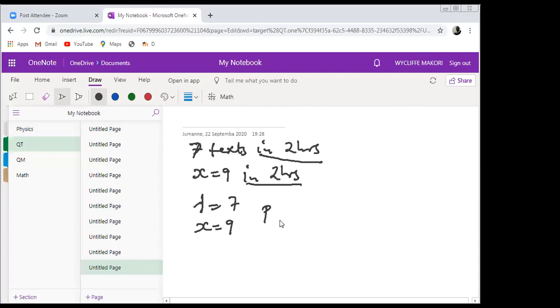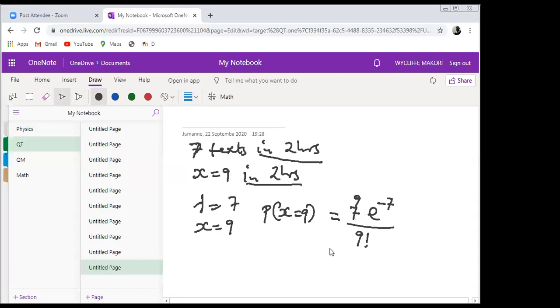So the probability that X is equal to 9 would be lambda, which is 7, to the power X, times Euler's number to the power negative lambda, over X factorial, which is 9 factorial. Sorry, this power is power 9 because X is 9.